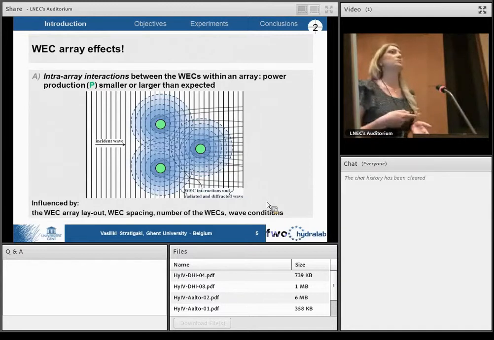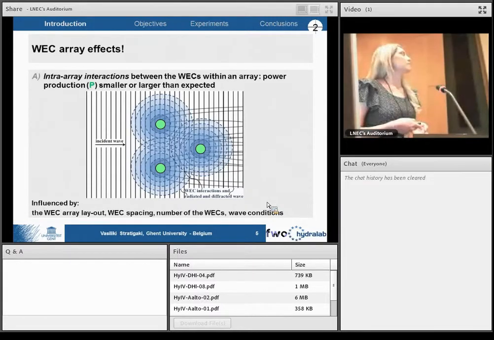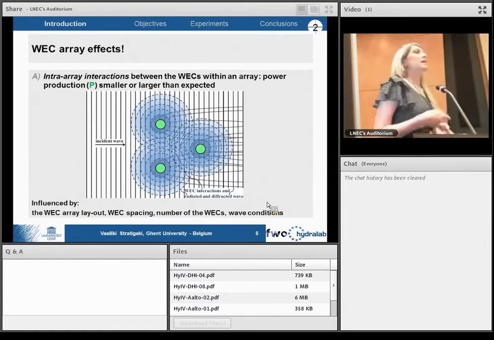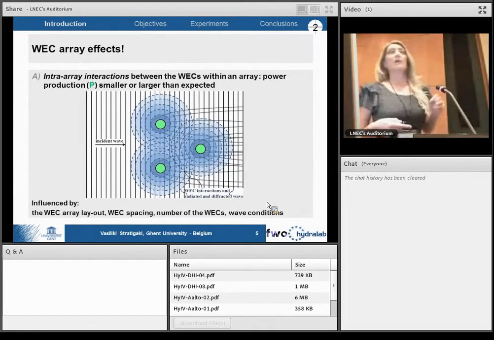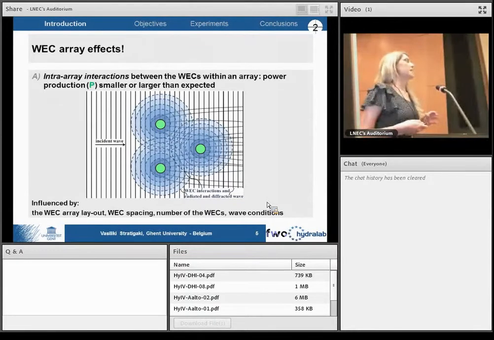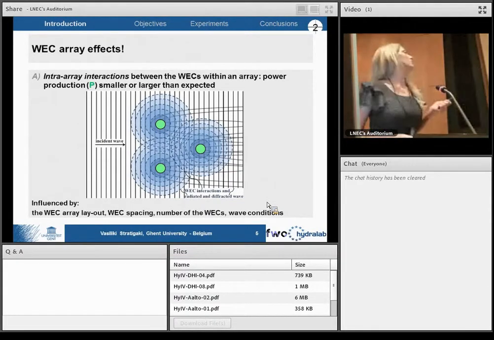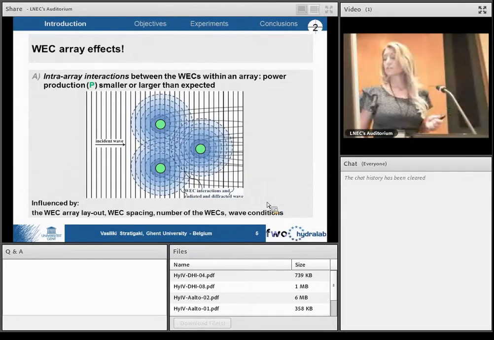In the left panel, you observe wave energy extraction from the incoming waves by a row of 3 devices, while in the lee of the 3 WECs, a zone of wave height attenuation is visible. Now, when the distance between the devices becomes larger, this zone also becomes much different. And again, when we go from 3 to 9 devices, this zone is different.